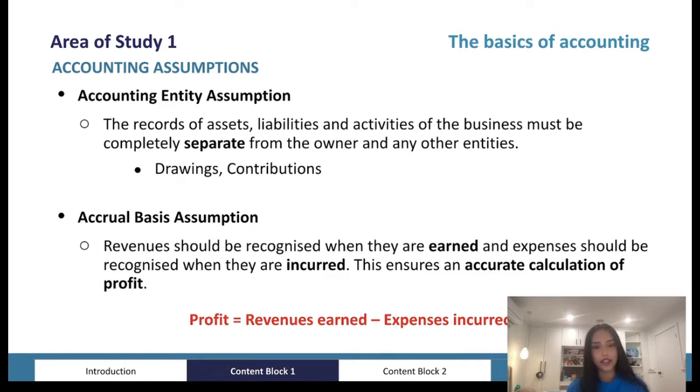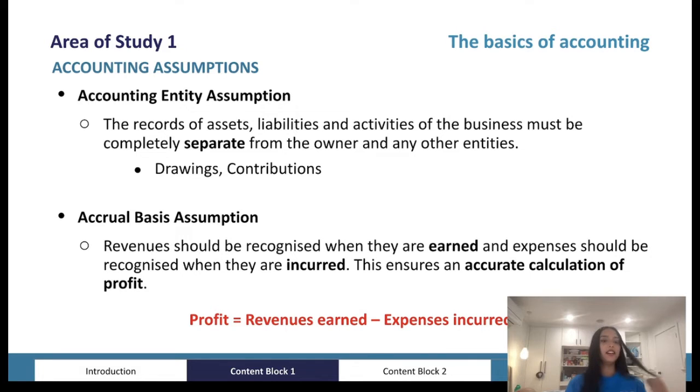And that's not necessarily when the cash for the revenue is received. Secondly, all expenses need to be recognized when they are incurred, which again might not necessarily be when the cash is paid, because obviously there are prepaid expenses and accrued expenses. And then thirdly, profit is calculated accurately as revenues less expenses incurred.